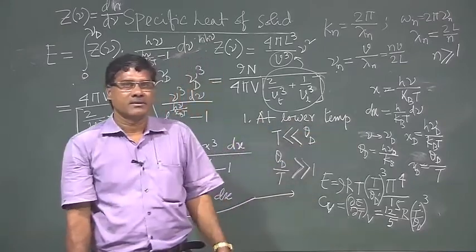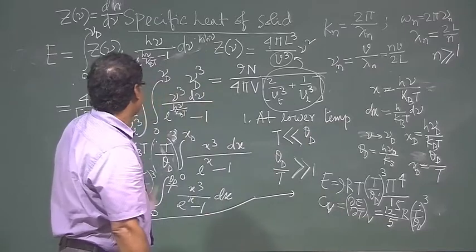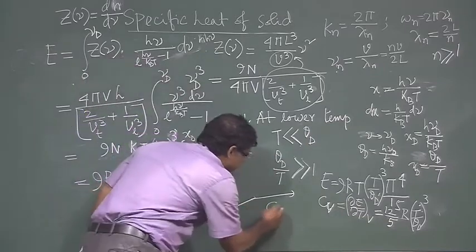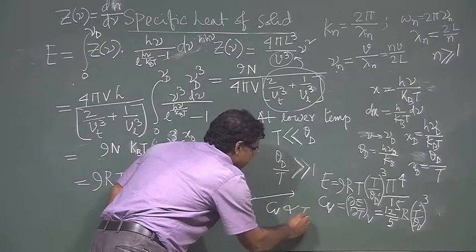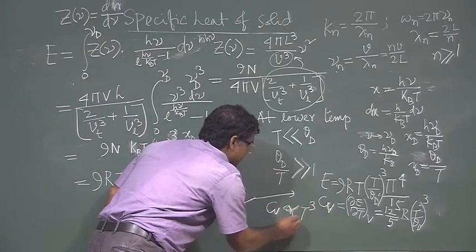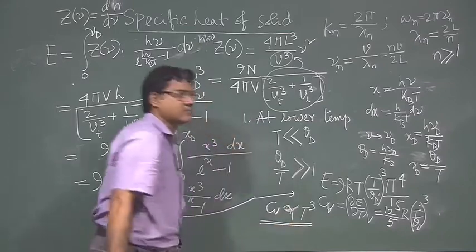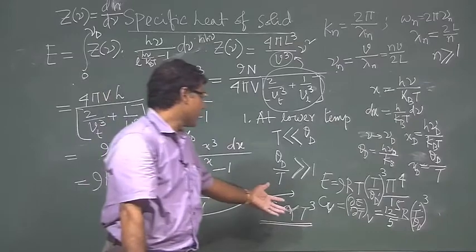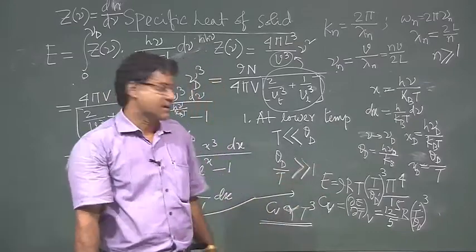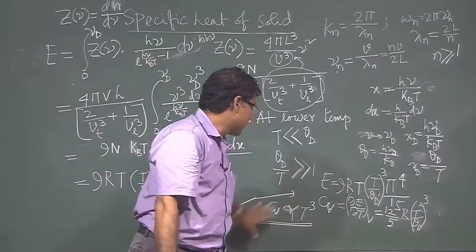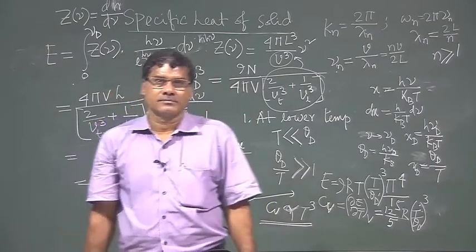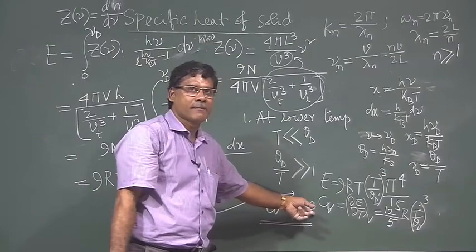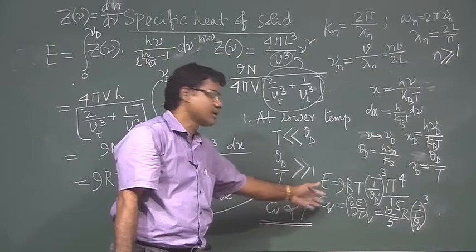C V proportional to T cube is the experimental result, and from Debye theory we could successfully derive this dependence of C V on T as proportional to T cube.